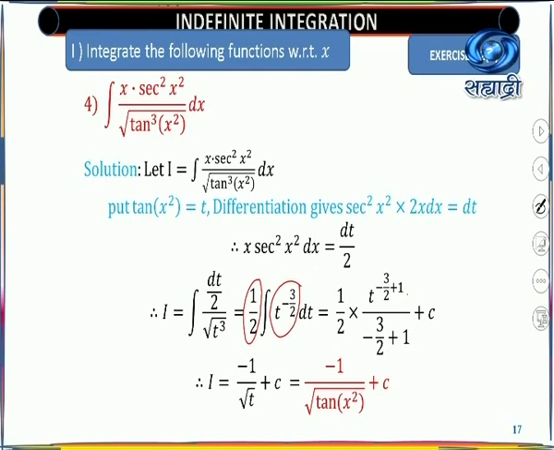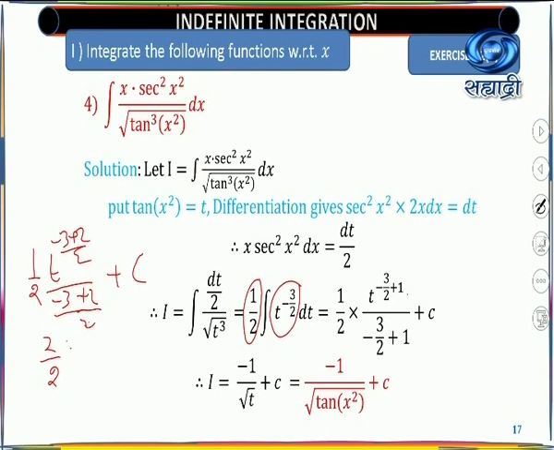How did we get this value? We need a simplification. Look here. This gives you half, t raised to minus 3 plus 2 upon 2. Similarly, in the denominator also, you will get minus 3 plus 2 upon 2 plus constant of integration. This 2 goes to the numerator.